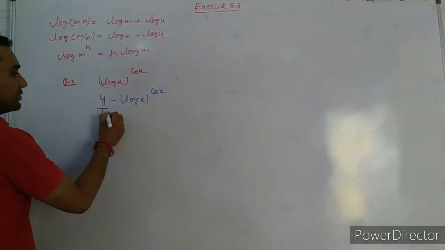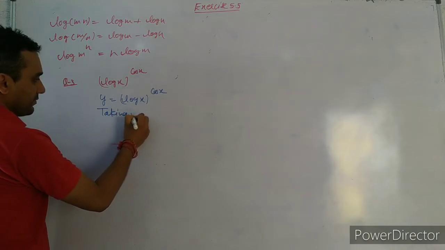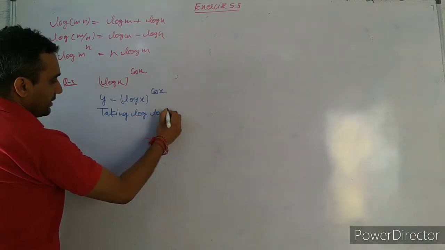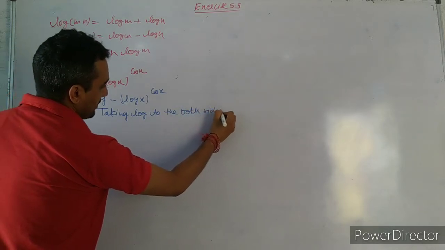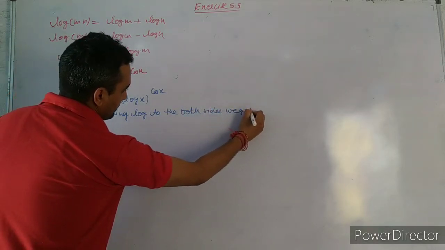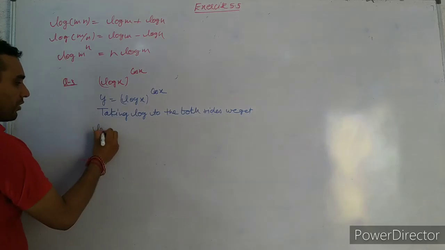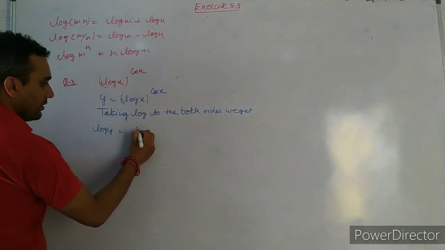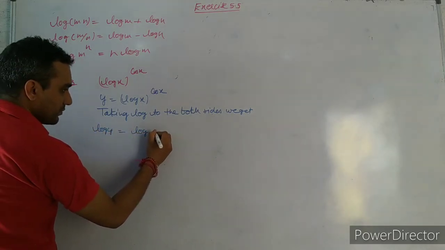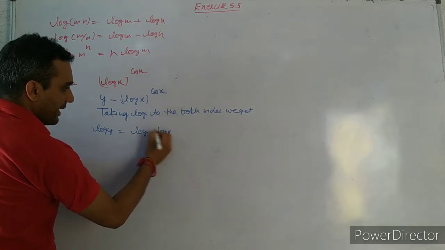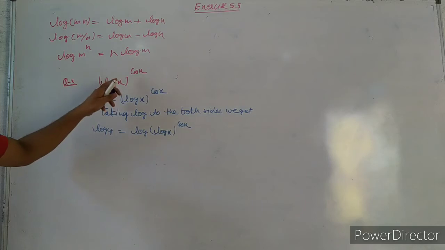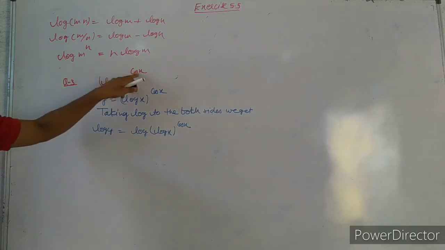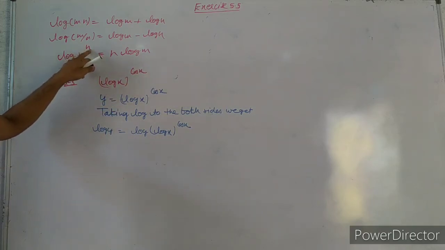Taking log on both sides, we get log y is equal to log x to the power cos x. Now again we have log m to the power n.